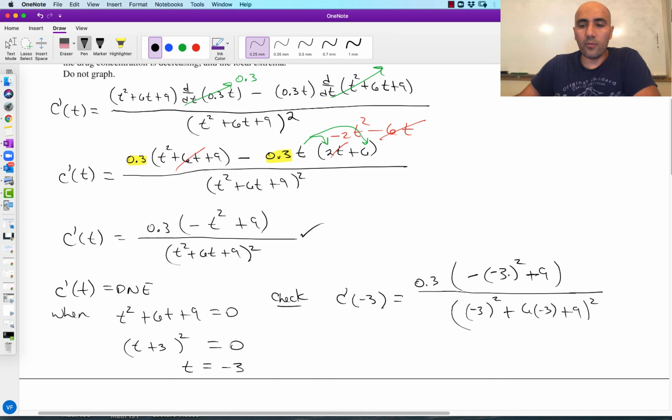And so we end up with 0 in the numerator, 0 in the denominator. 0 divided by 0, so this does not exist for sure.